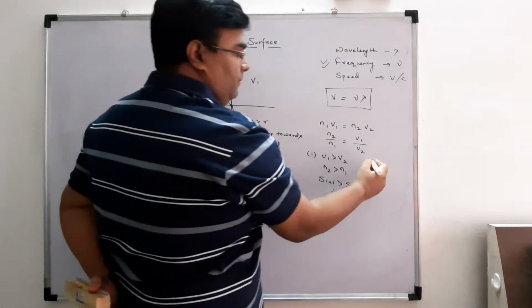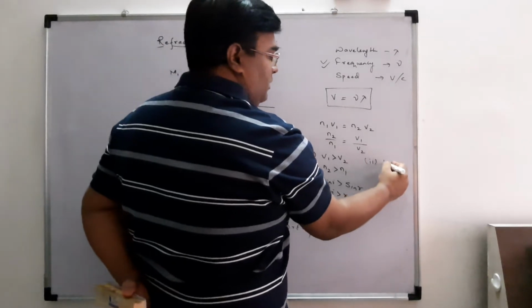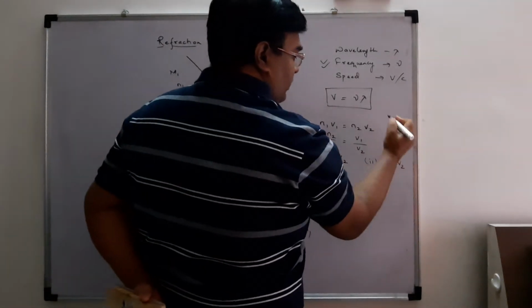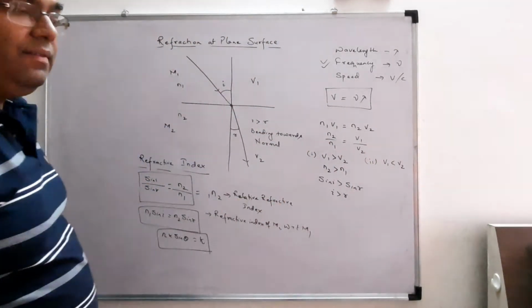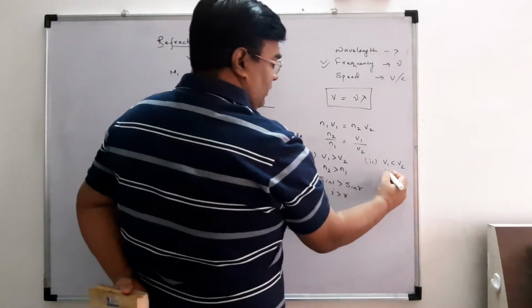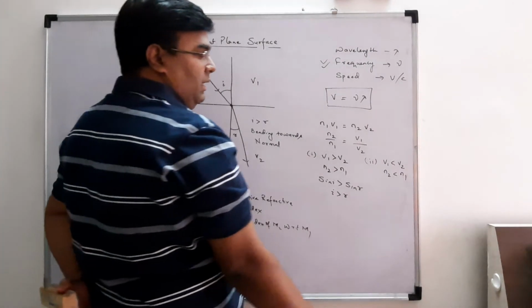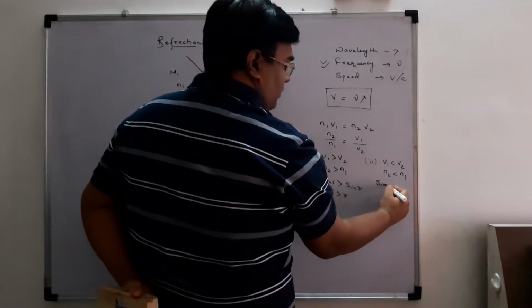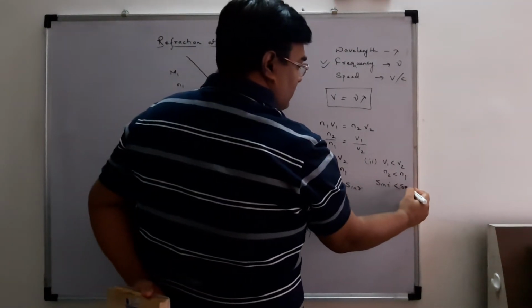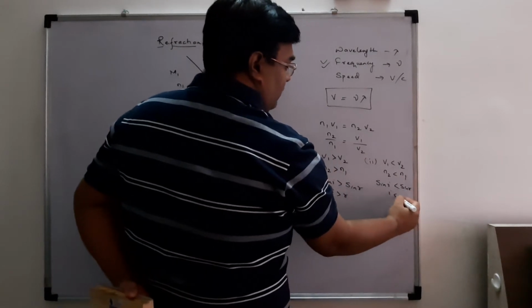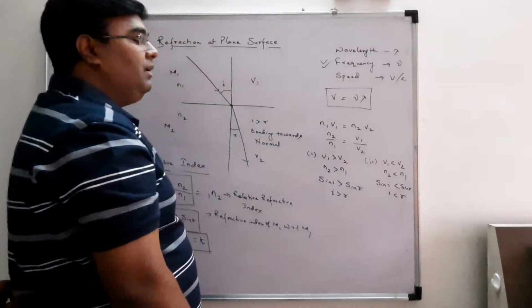Second case, suppose speed is increasing, meaning v2 is greater than v1. We can say that n2 is less than n1. Similarly, sin i is less than sin r, and r is greater than i.